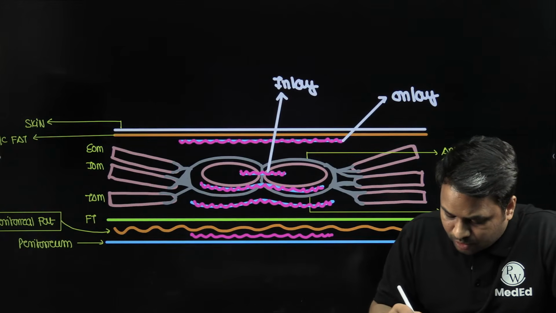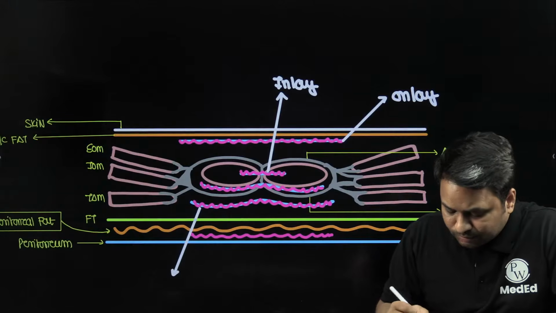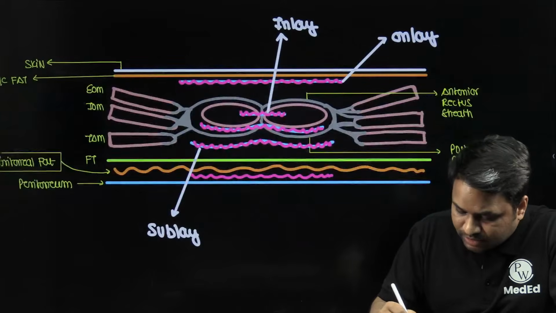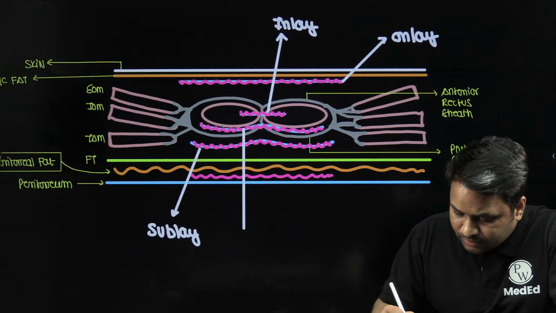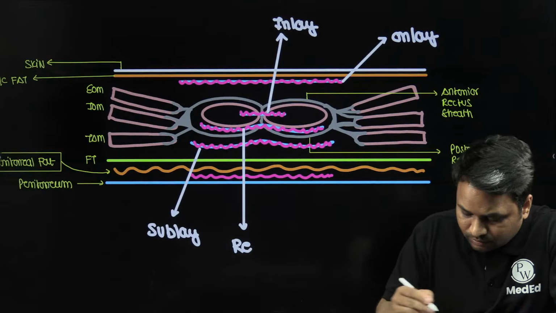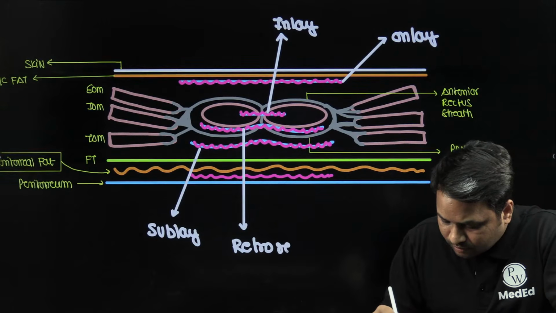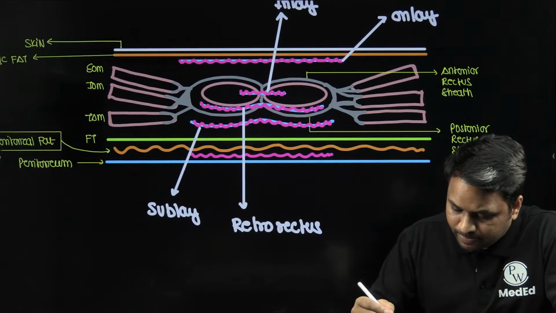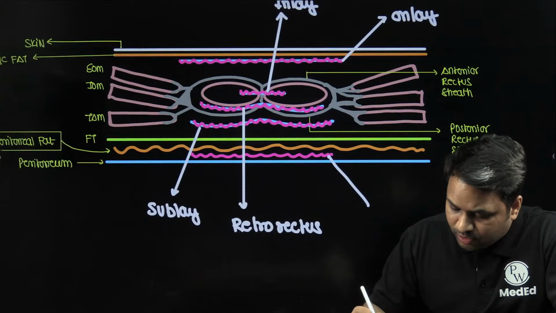This is what we call sublay. This is what we call retrorectus. And this is what we call IPOM.